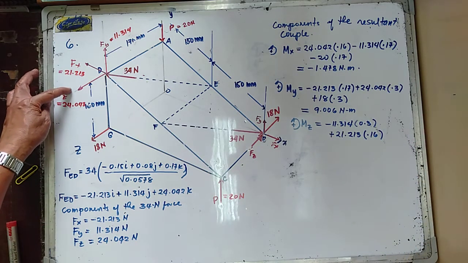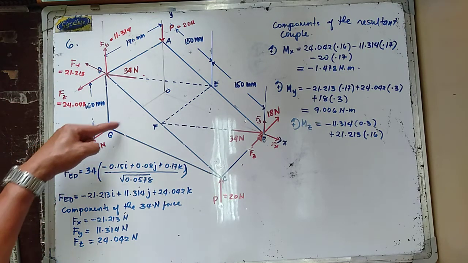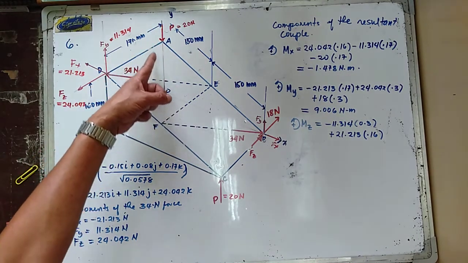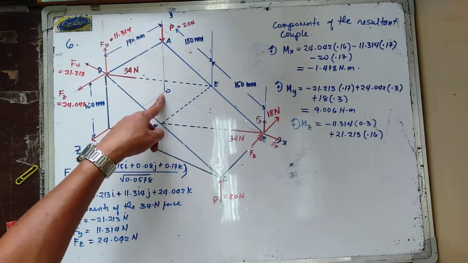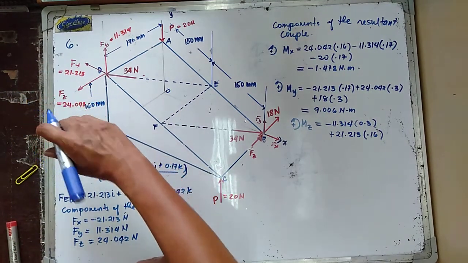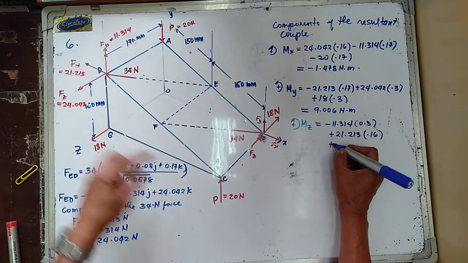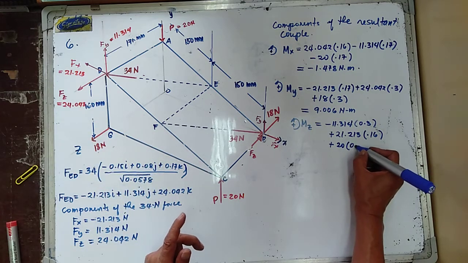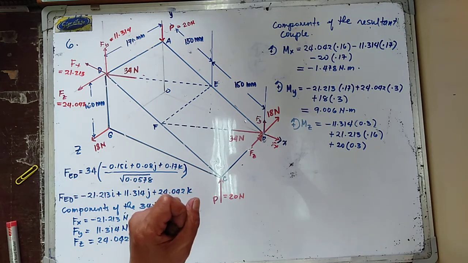Fj has no moment. It is parallel to the z-axis. The 18 in here is along the z-axis. Your 20 newton P intersects the z-axis, so this one has moment about the z-axis. It is counterclockwise about the z-axis, so plus 20, and the moment arm is 0.3.